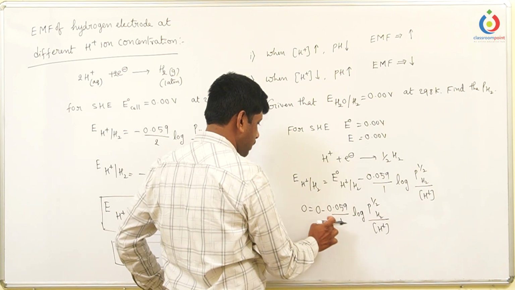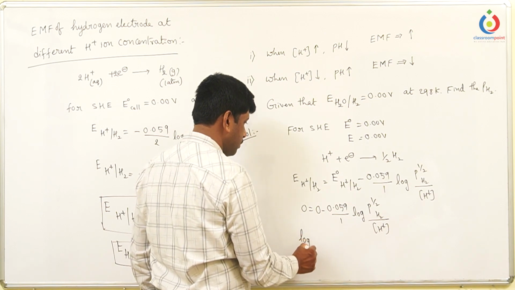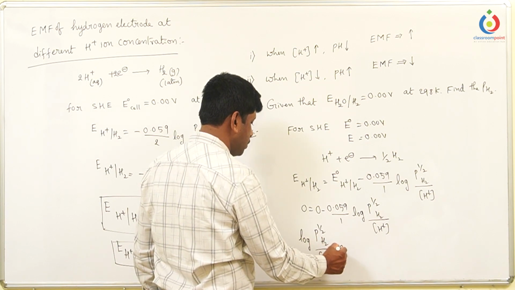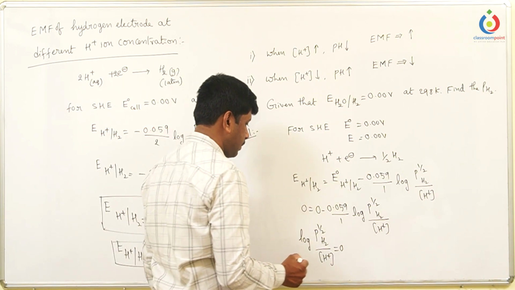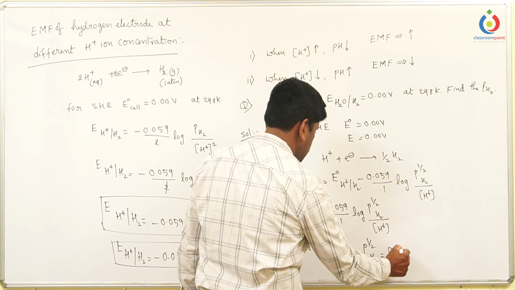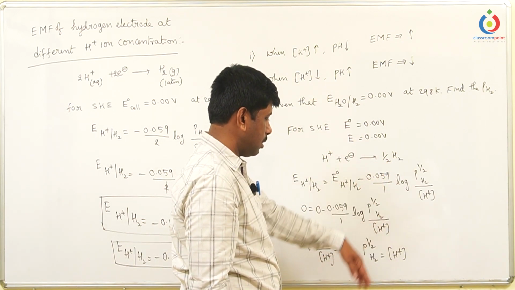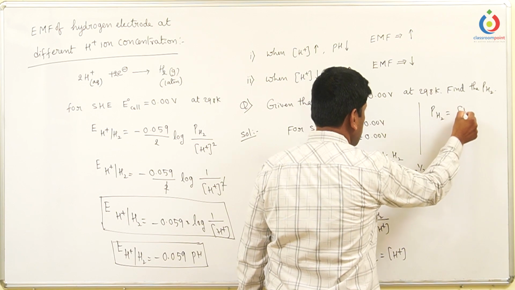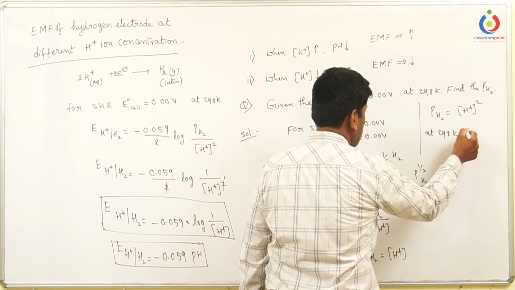Now if you send this value to the other side, it entirely becomes 0. So we can write that log of partial pressure to the power half of H2 by concentration of H plus is equal to 0. Now send the logarithm to the other side, it becomes the antilog. Antilog 0 is equal to 1. So partial pressure to the power half of H2 is equal to concentration of H plus ion. Now the power half sent to the other side becomes the square. So the partial pressure of H2 is equal to concentration of H plus ion squared.